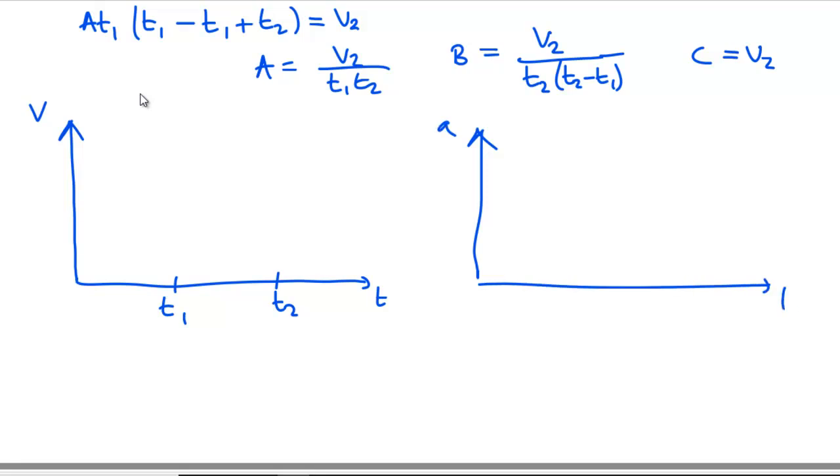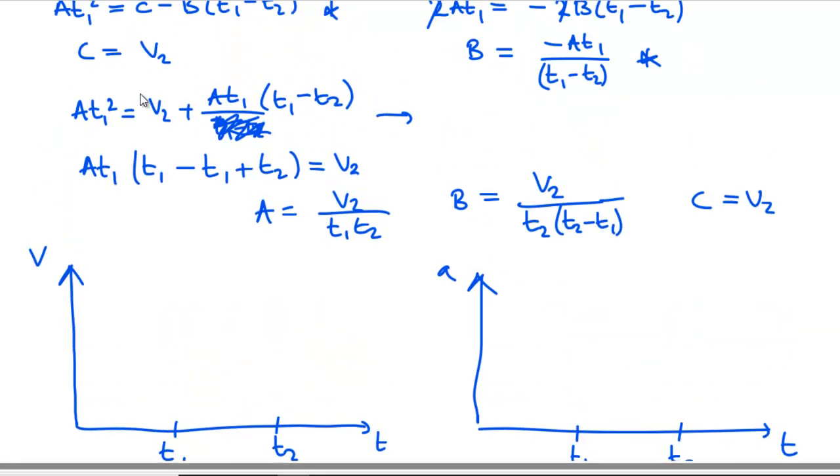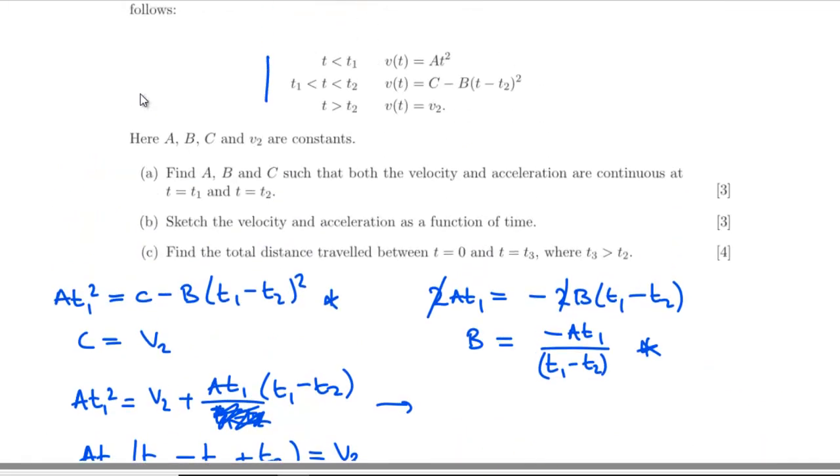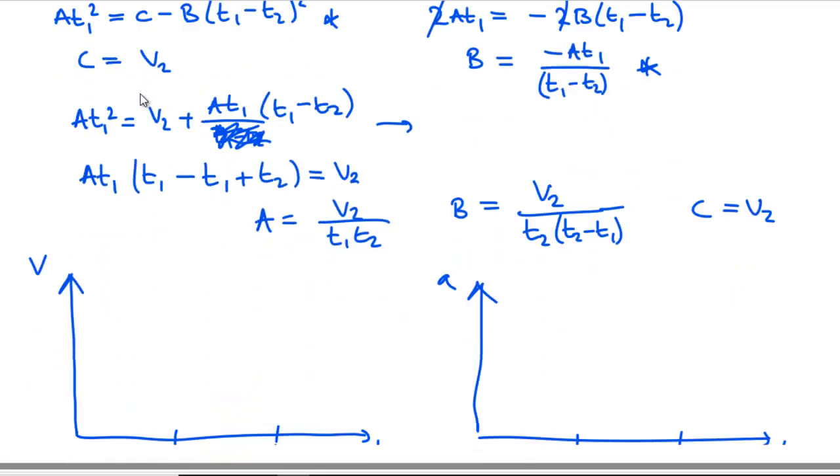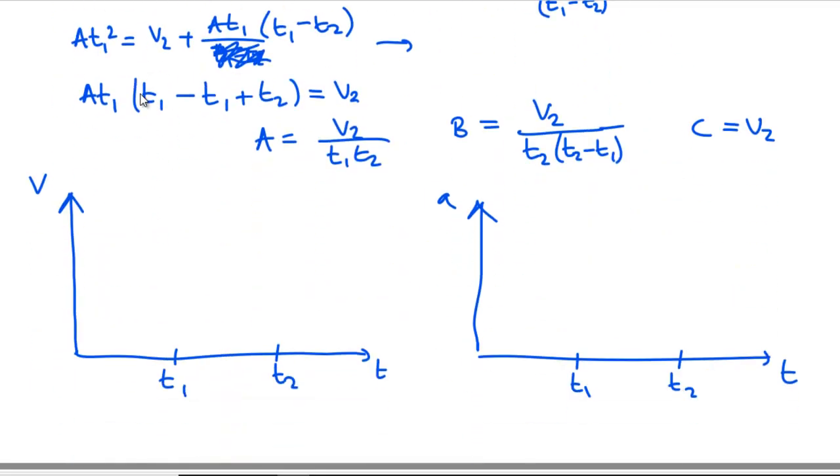For the velocity, we ended up at v2. We got an a t squared, then a minus quadratic, and then a constant. So we're going to have that for the first bit, that for the second bit, and then flat at v2.